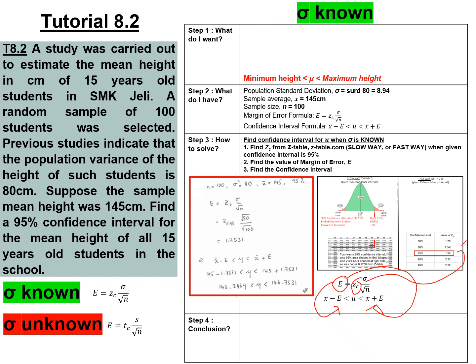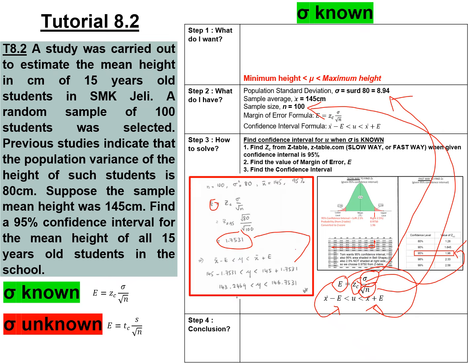So from the confidence interval table here, 95% is 1.96. This is the population standard deviation. We have it, 8.94. Then n, total 100 students. Now we have the value of our E. So at the end, E equals to 1.7531.